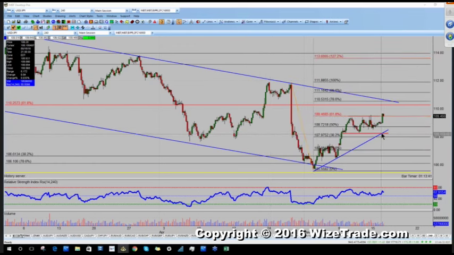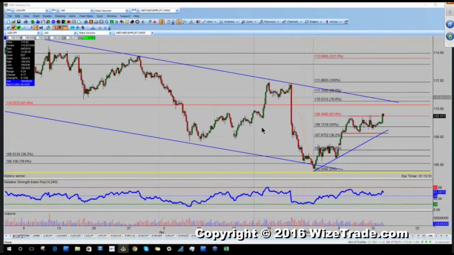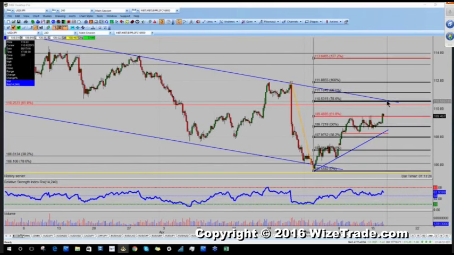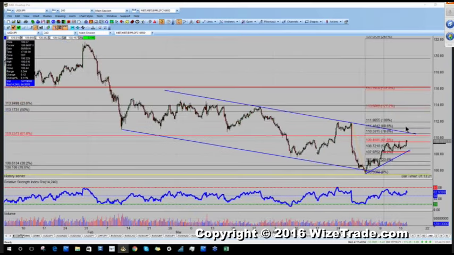As long as we're above the 108.25 we had yesterday, it looks like we're going to threaten this resistance here at 110.50. 110.50 is going to be big. It's a 786. It's also the channel top here.